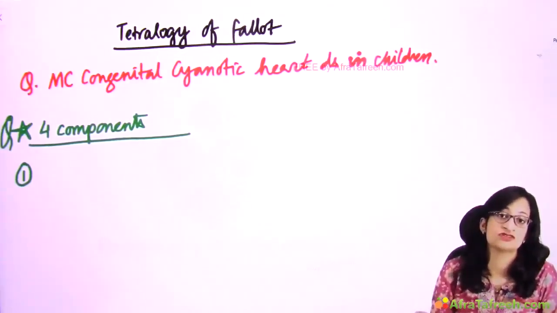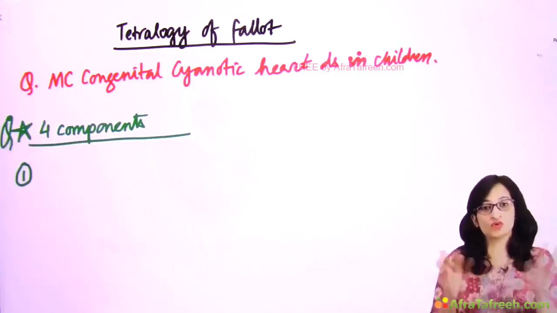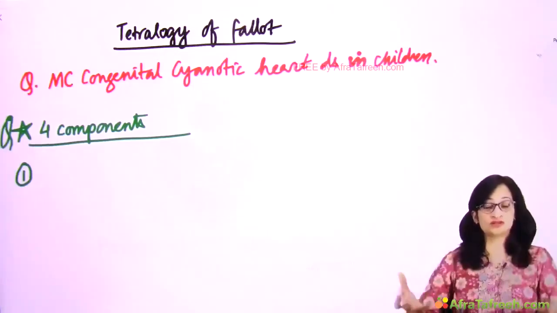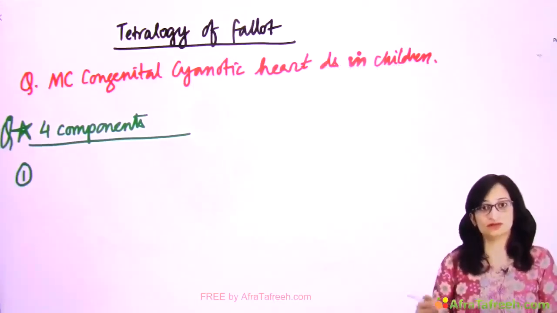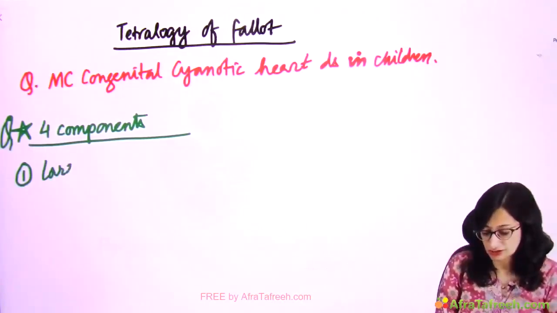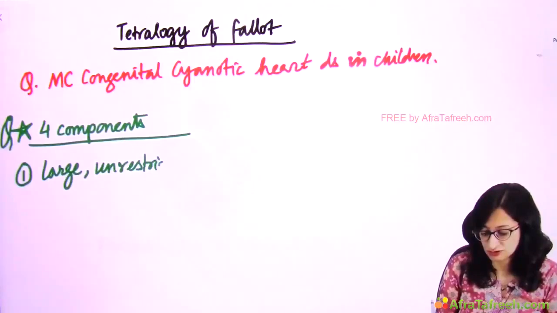Why is it called unrestricted? Because there is no restriction in the flow across the 2 ventricles. The 2 ventricles are acting almost like a single chamber.